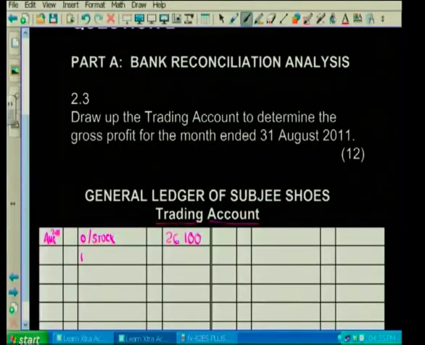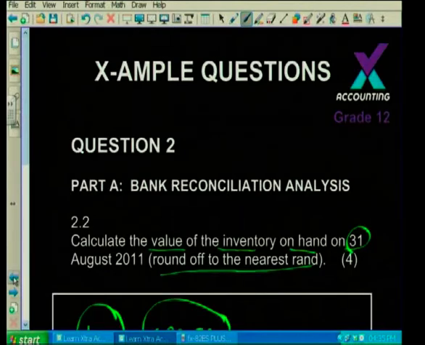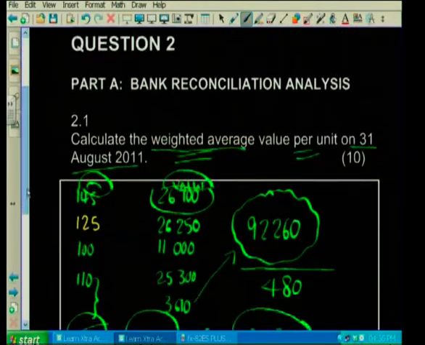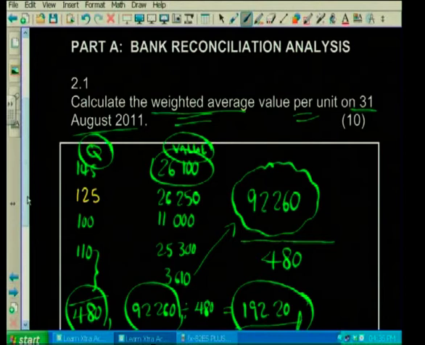Therefore, this amount here is my purchases. What was my purchases? Let me go and find my purchases. Remember, I had bought goods to the value of that one, and that one. So that was my purchases, wasn't it?